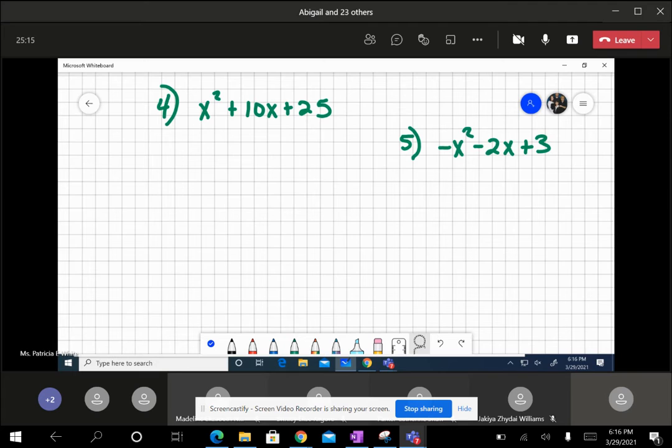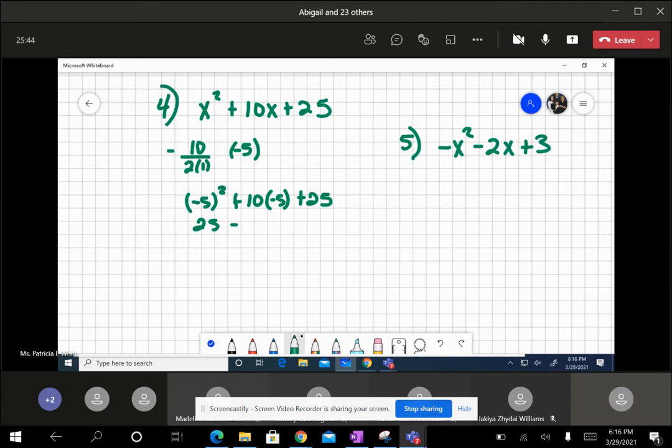So my vertex for 4, I've got 10, negative 10 over 2 times 1. So x is negative 5. Again, that's going to be negative 5 squared plus 10 times negative 5 plus 25.